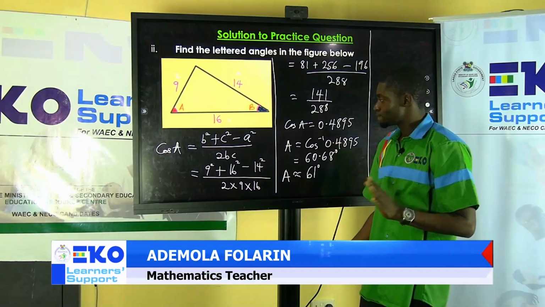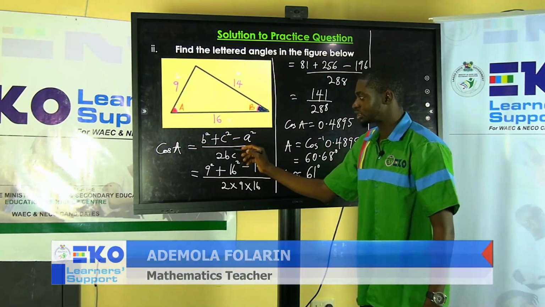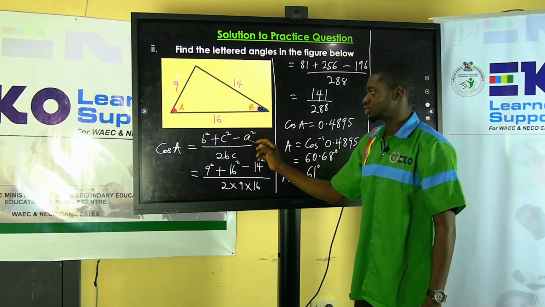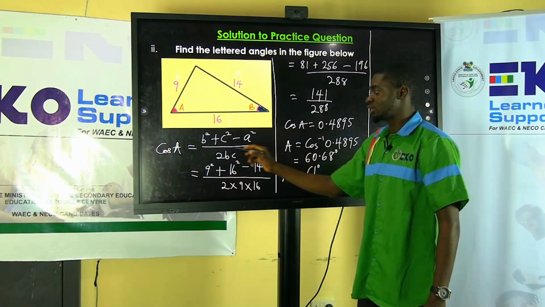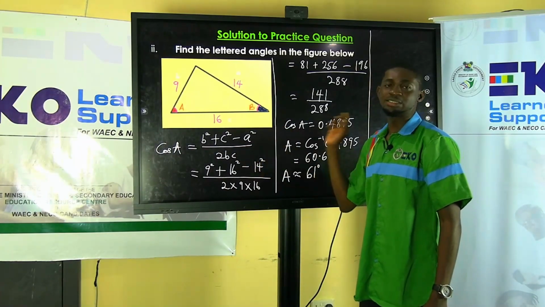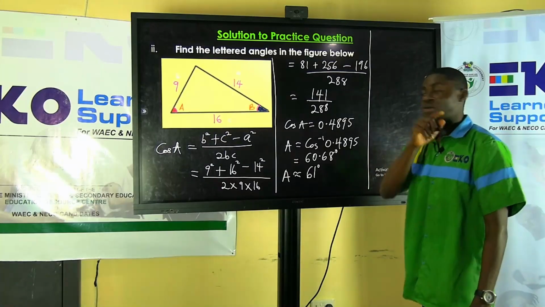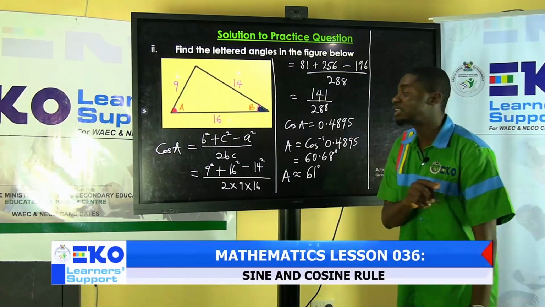Is that clear? So which means you just say cos B equals A square plus C square minus B square divided by 2AC, and we substitute. But for the sake of our time, I will employ the use of sine rule so that I can bring that back to you before the end of the class.